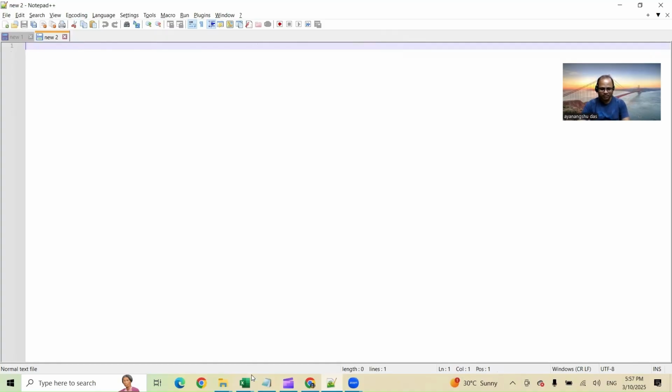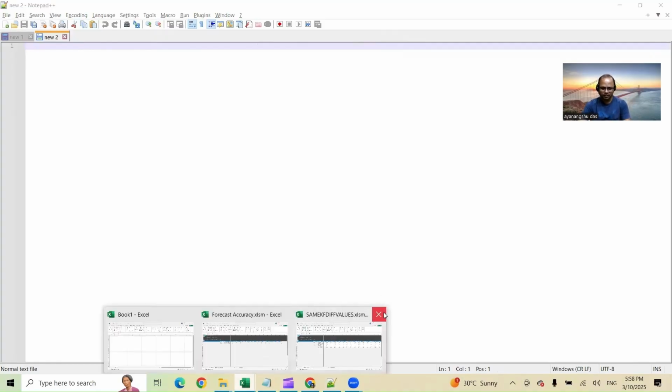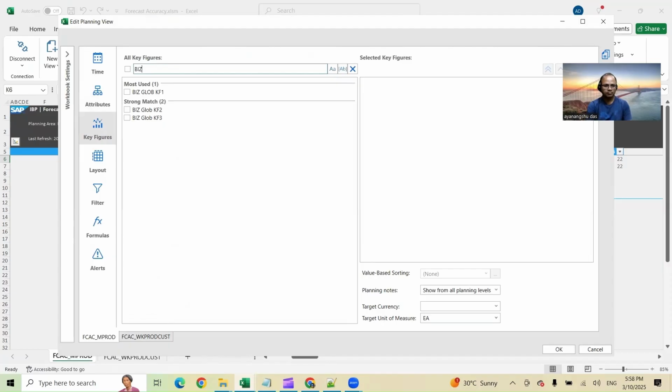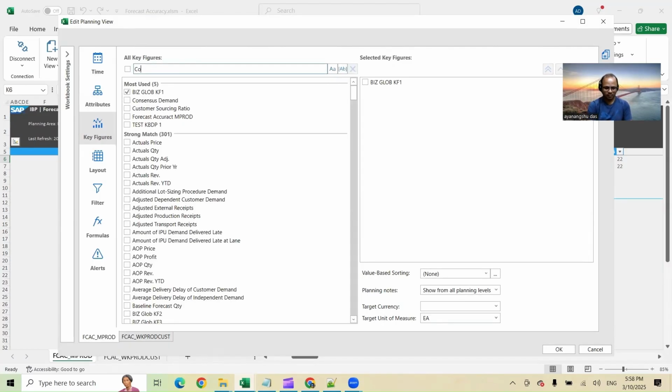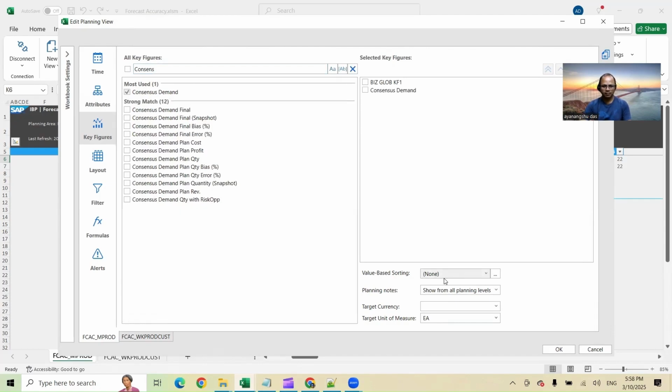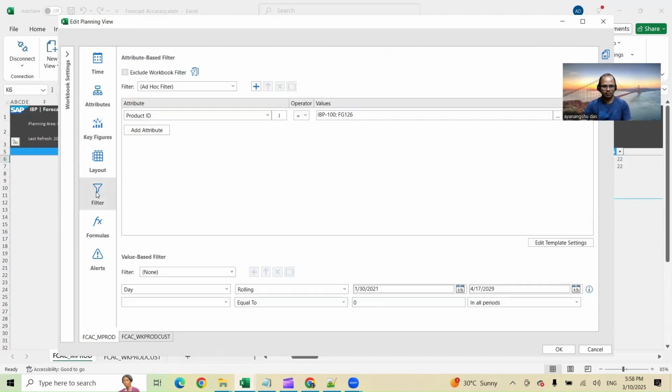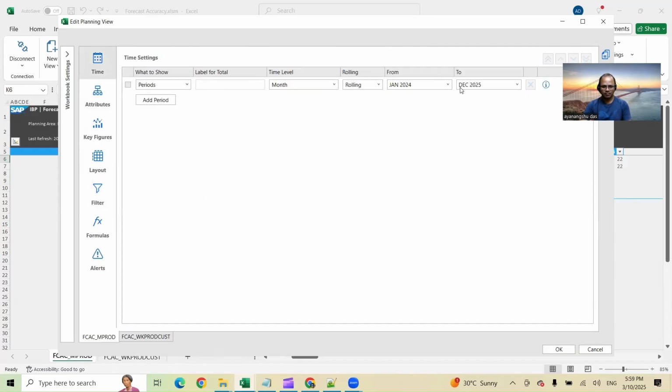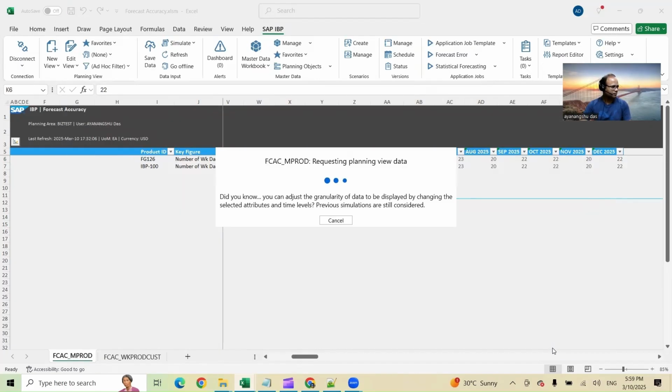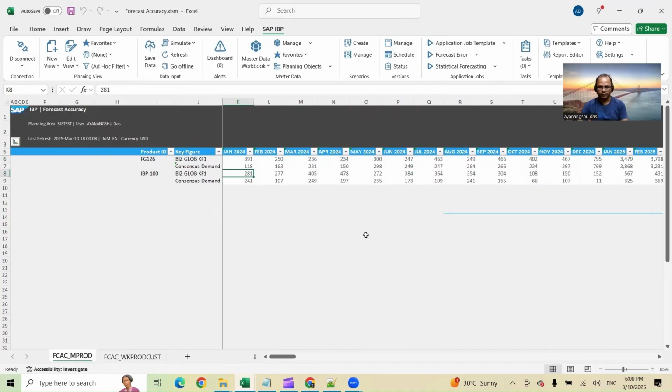So what I mean by that is, let's look at a key figure. Let's say that this key figure holds my sales history, whereas this key figure holds my consensus demand.